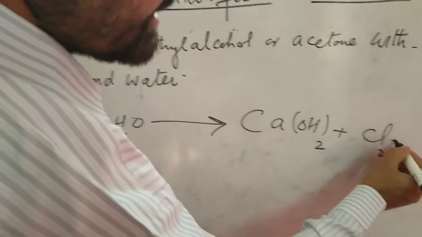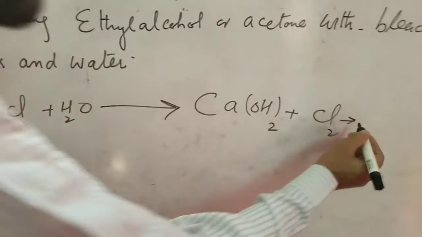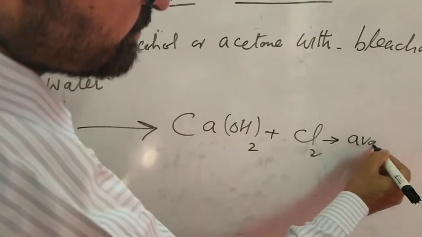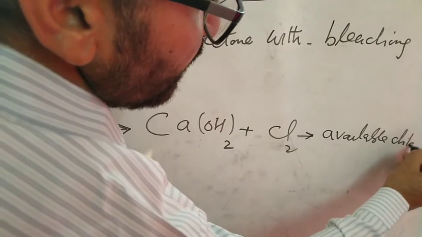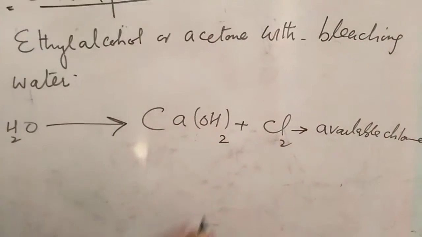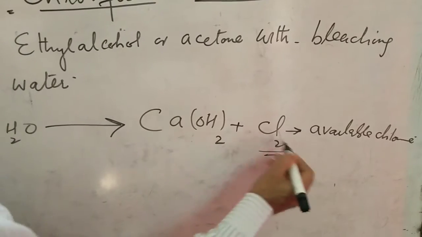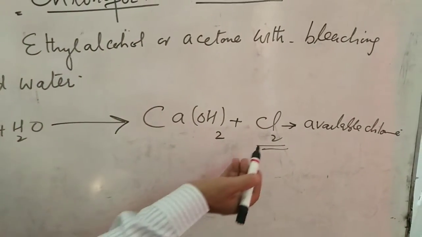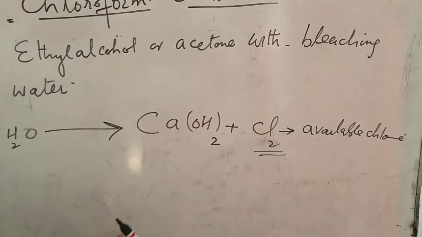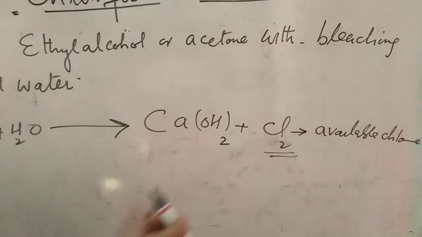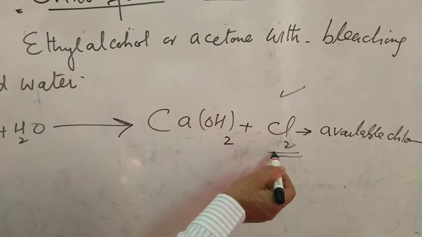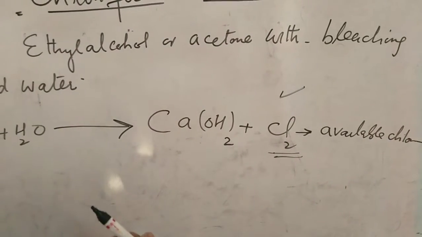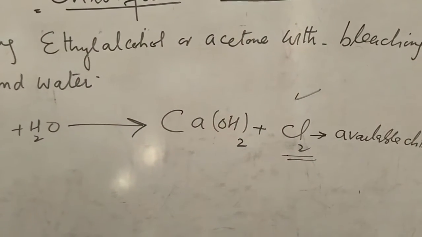This chlorine gas is called available chlorine. This available chlorine acts as an oxidizing agent as well as a chlorinating agent.